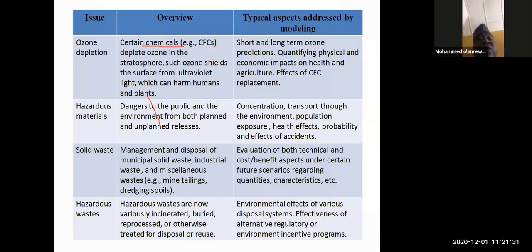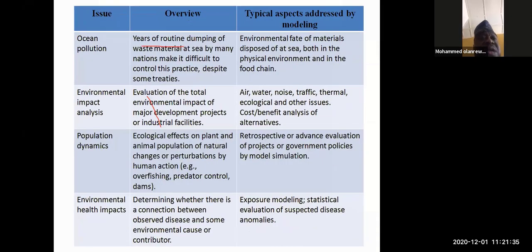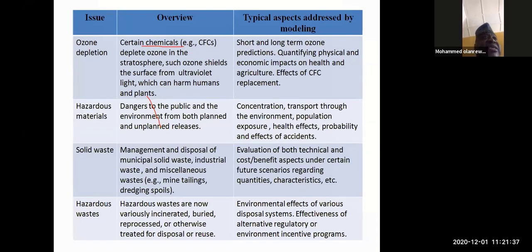Next, solid waste. The concept of this solid waste thing, there is a popular saying: from waste to wealth. Currently, one of my postgraduate students is working on solid waste management, vis-a-vis how we can convert some of the solid waste into what we call biogas.